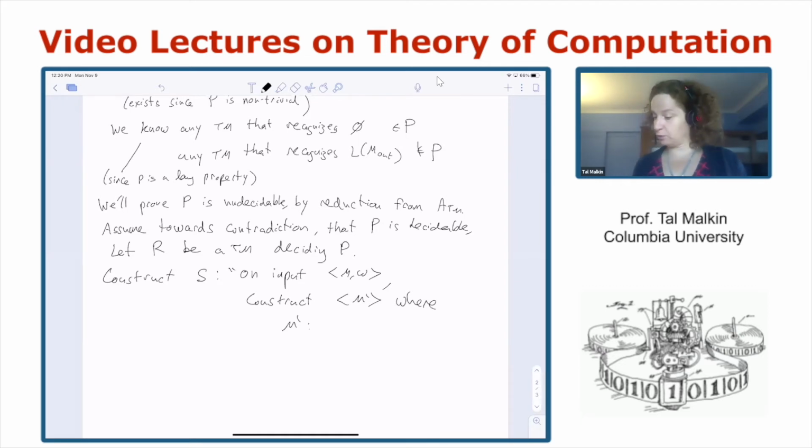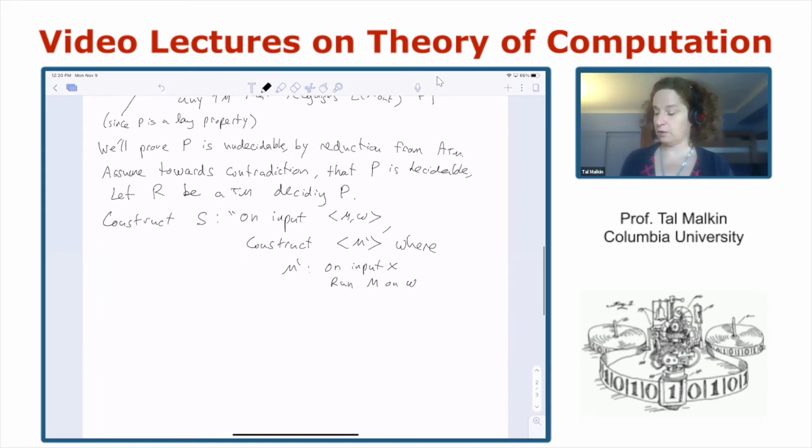Okay, good. So M prime will work as follows. On input X, run M on W. So initially I just completely ignore my input and run M on W. If it rejects, I reject.